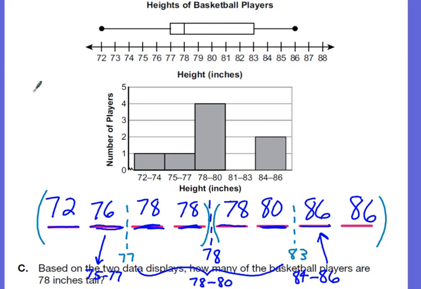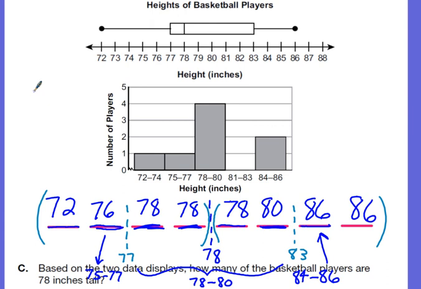Now that we know all the numbers, isn't it pretty simple just to do 72 plus 76? Actually, I'm doing this in my head. Don't need a calculator. 72 plus 76 plus 78 plus another 78 plus another 78 plus 80 plus 86 plus another 86.